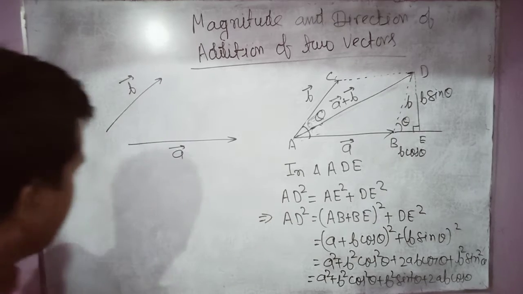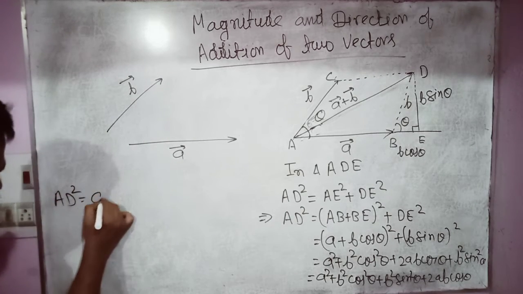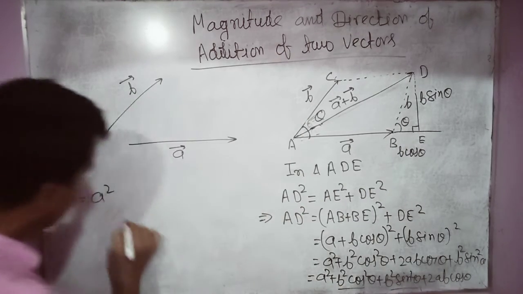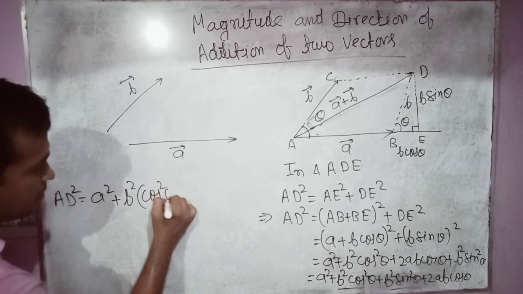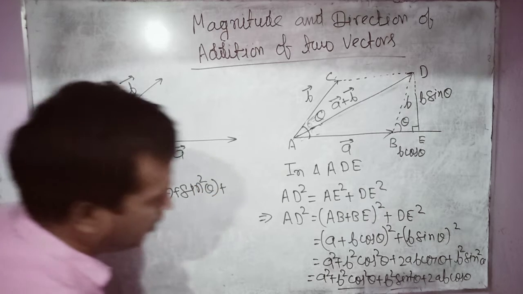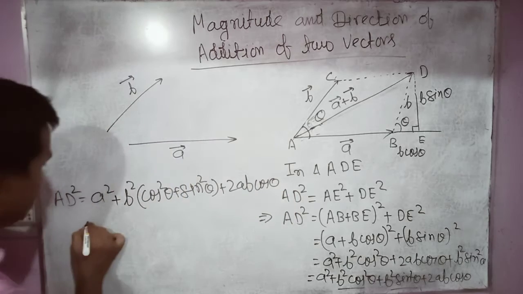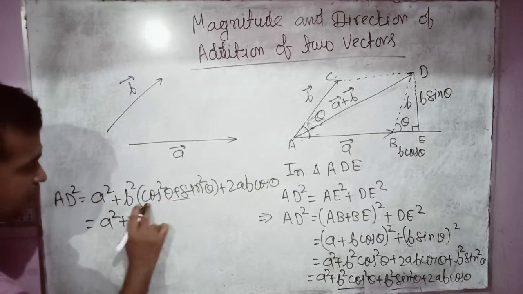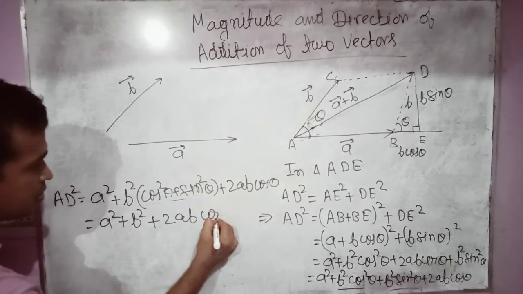Now we write AD square is equal to A square, here we take B square common from these two terms, plus B square (cos square theta plus sin square theta) plus 2AB cos theta. This is equal to A square plus, here cos square theta plus sin square theta is equal to 1, so plus B square plus 2AB cos theta.